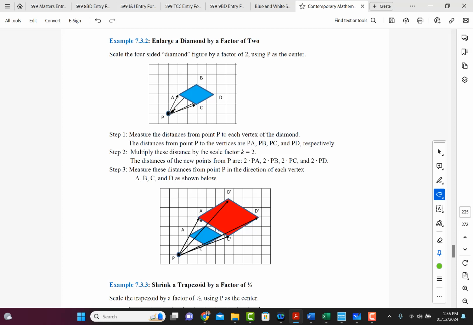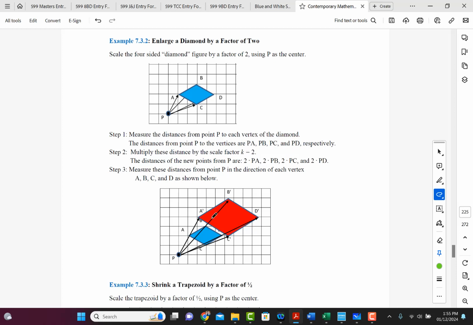We're going to measure from point P to all 4 of the vertices A, B, C, and D. And then we're going to double those distances. So we're going to multiply each one of the line segments, PA, PB, PC, and PD by 2.